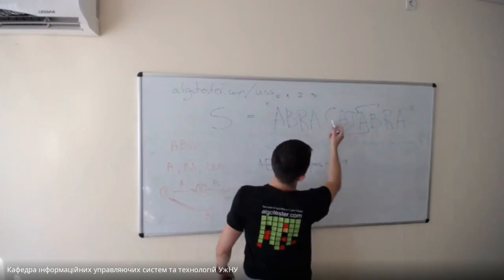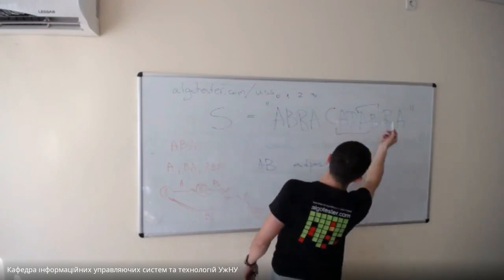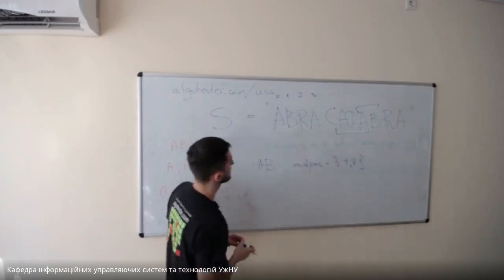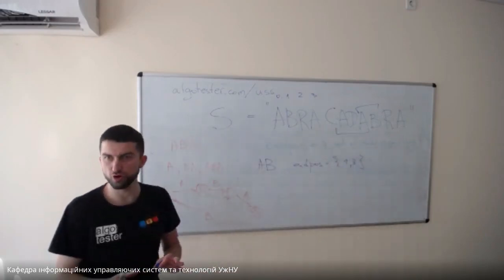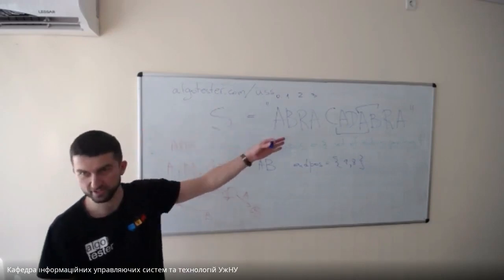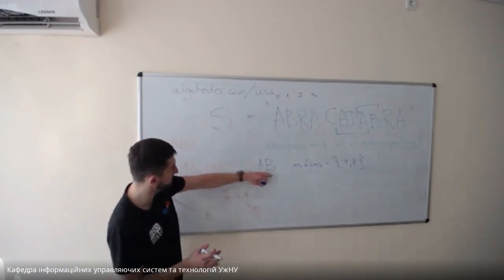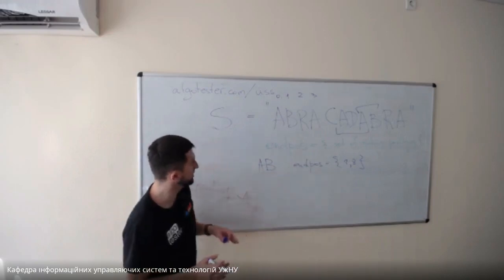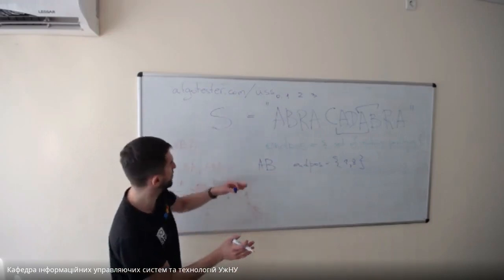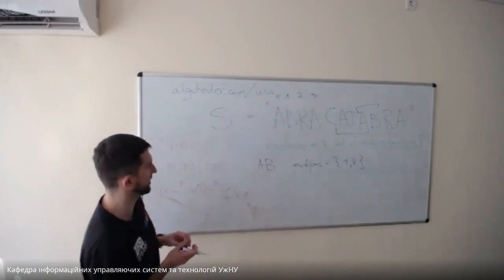So this is position 4, 5, 6, 7, 8. Yeah, and that's it. So there are 2 occurrences of AB in the abracadabra string. So that's why for AB, end position is a set of 2 positions where we have AB in the big string.